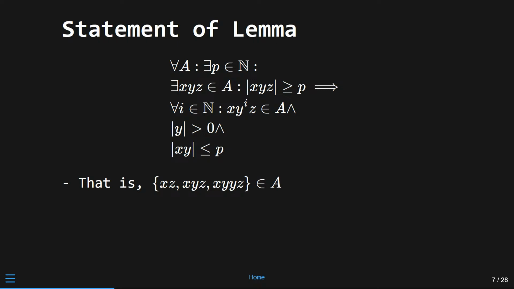Such that there exists x, y, z that is a string, because it is an element of A. x, y, z in A, such that the length of x, y, z is greater than p. There is some value, but there is a set of 3 substrings that is larger than p.